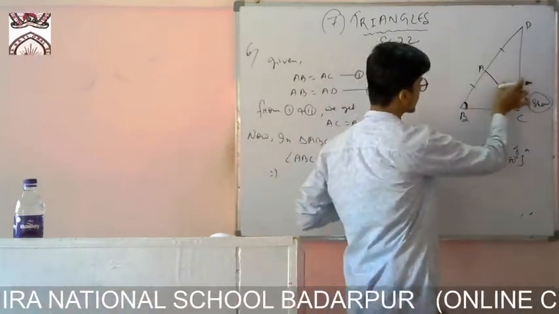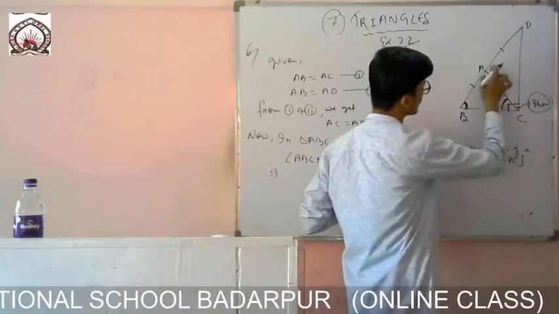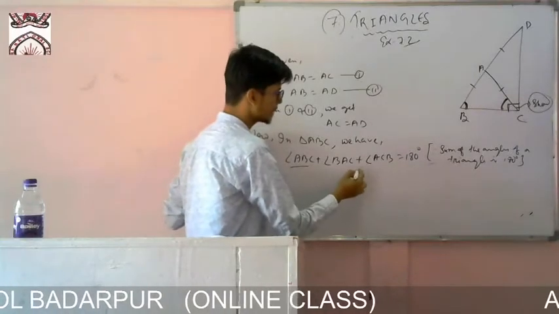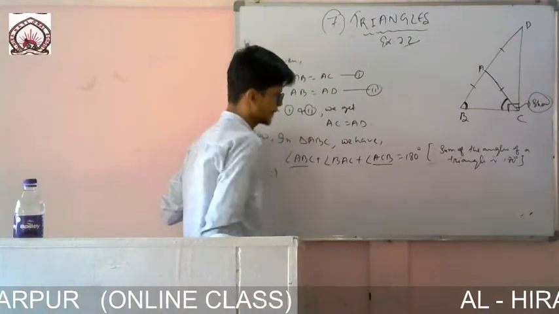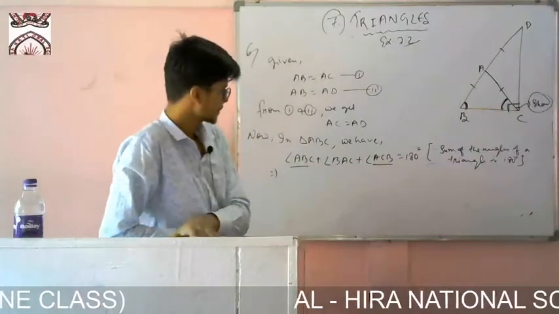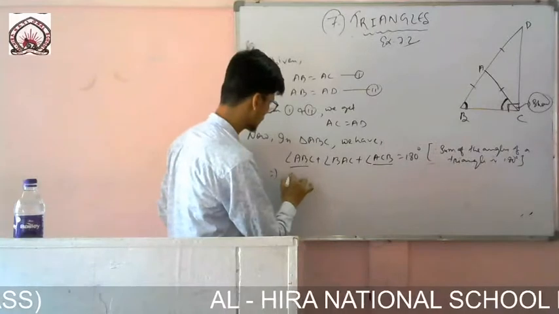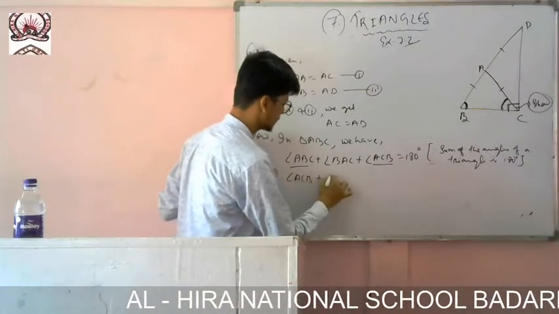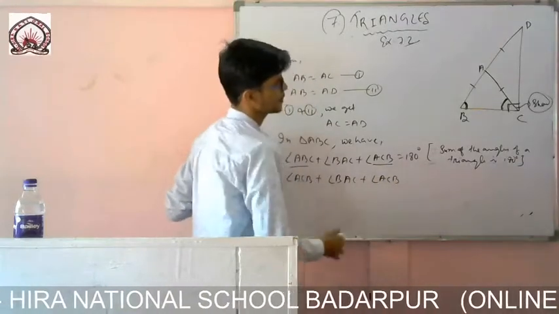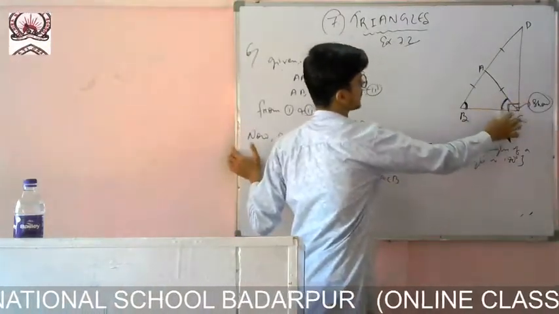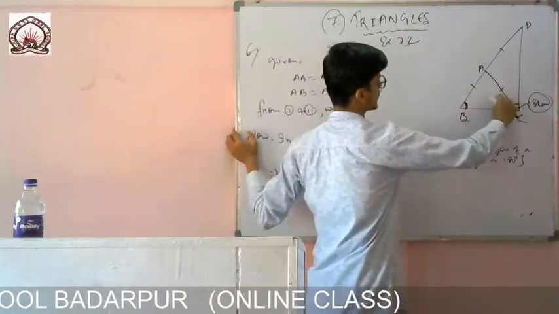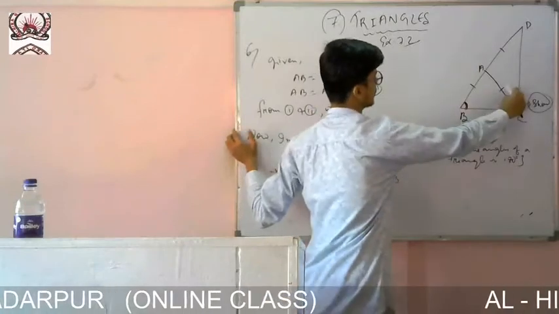So I can write angle ABC will be equal to angle ACB. Let me replace this one with ACB, giving ACB plus angle BAC plus angle ACB, because I need this for that triangle. If I can find this one, then later on I will find that angle.